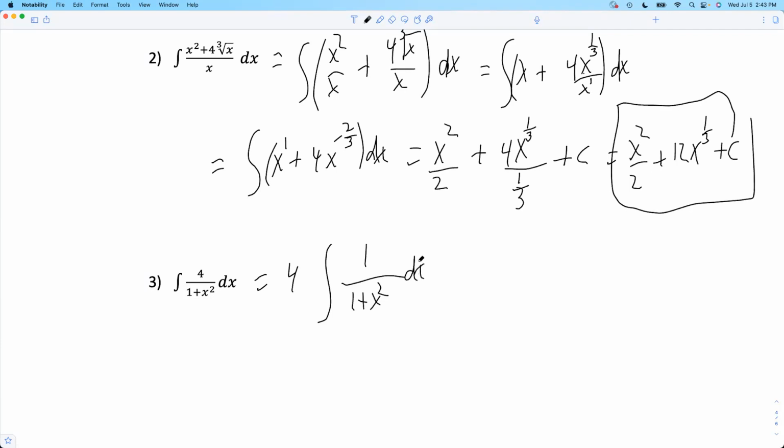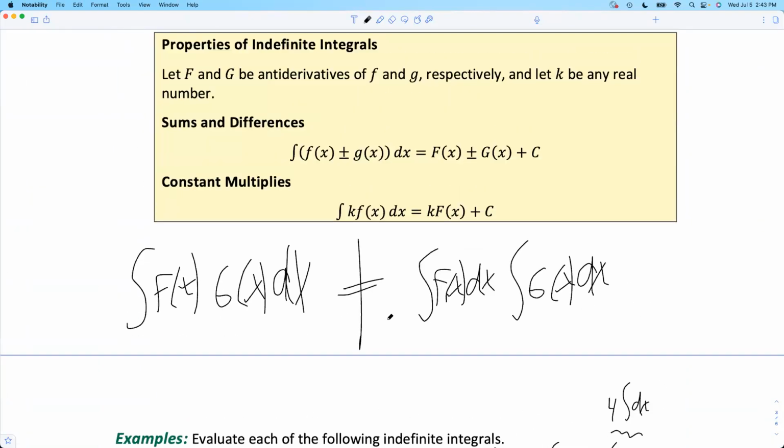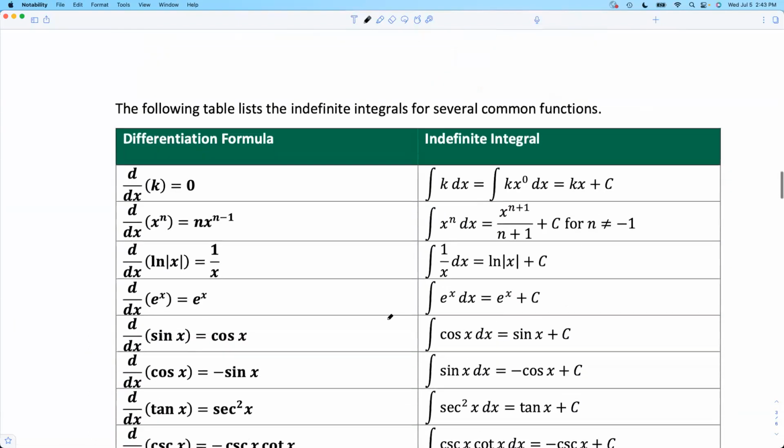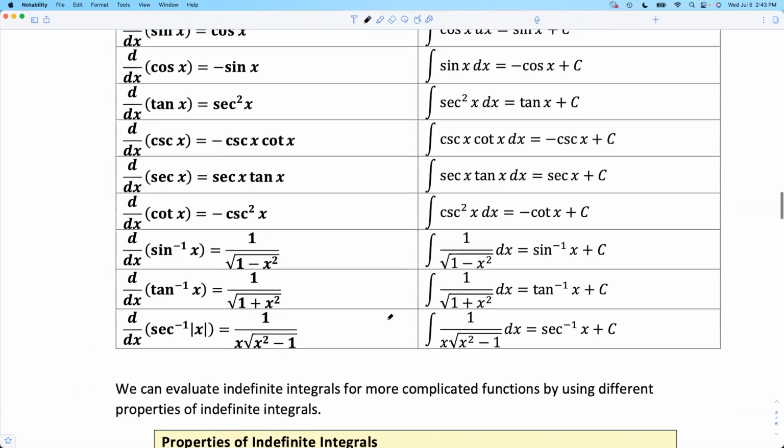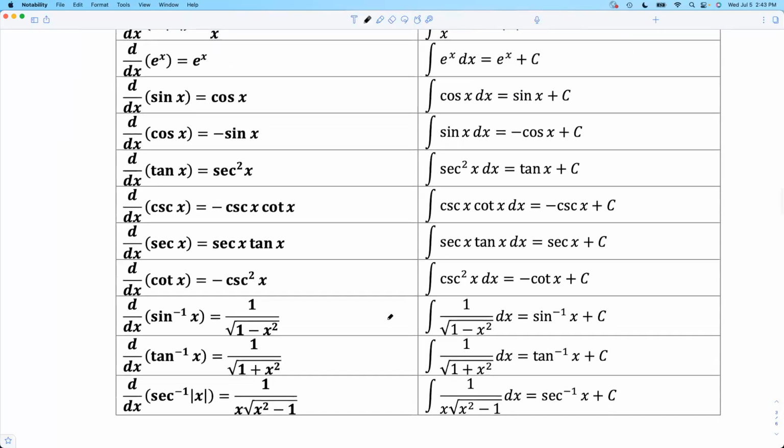You may remember the guy whose derivative is 1 over 1 plus x squared. And by the time you get to Calc 2, you'll basically have to have that memorized. But that is here in our table. It's funny, it's not in our table.